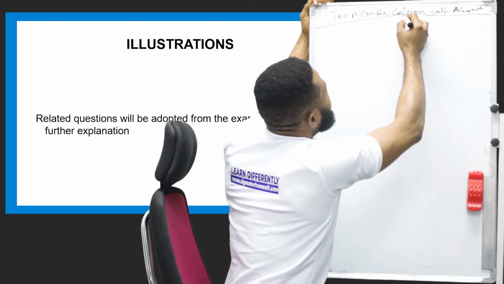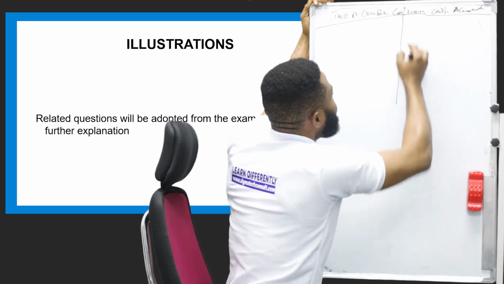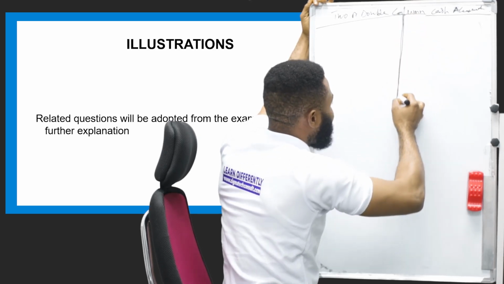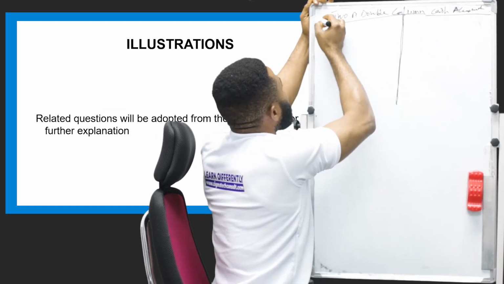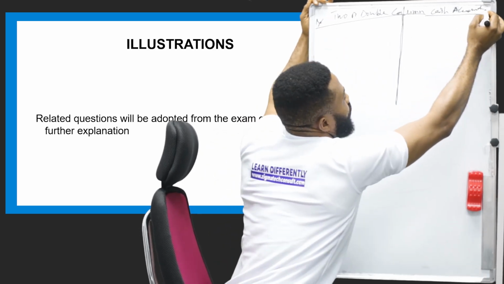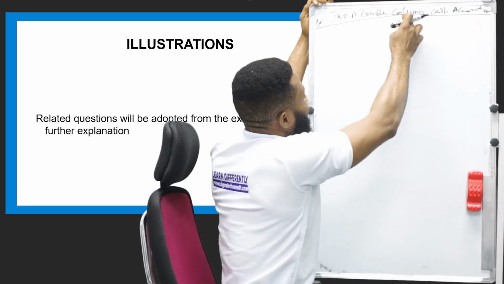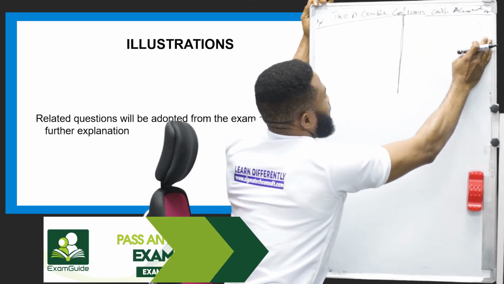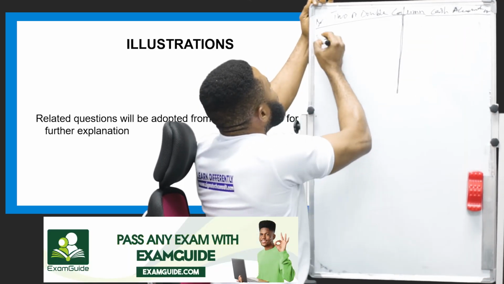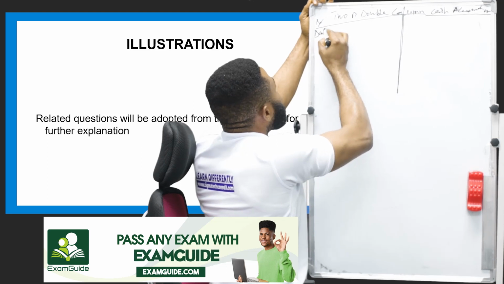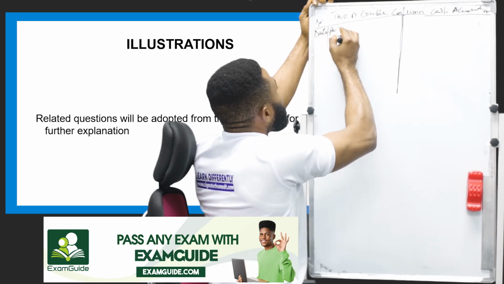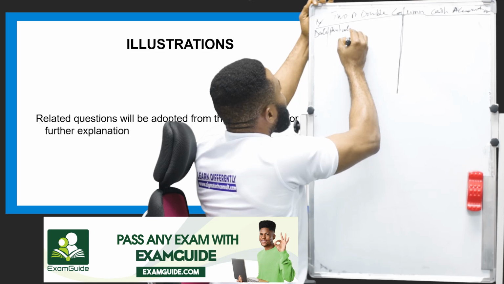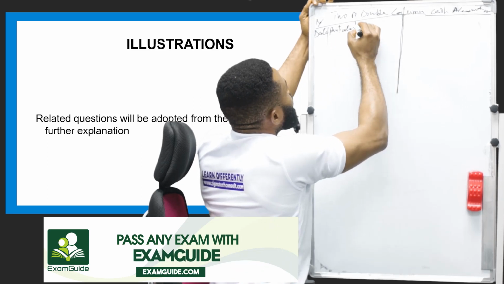And then don't forget the line that demarcates the debit side from the credit side. This is your debit side and this is your what? Credit side. This line is very important. It demarcates what you receive from what is paid. Now, the first column is date. The second column is what? Particulars. The third column is what?